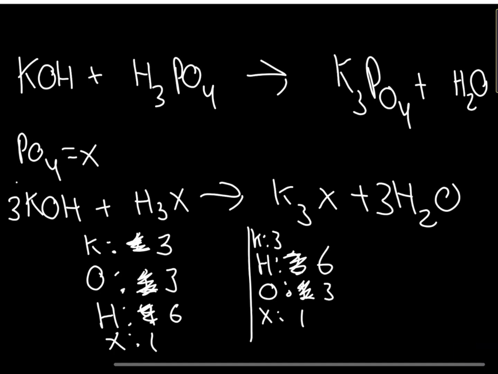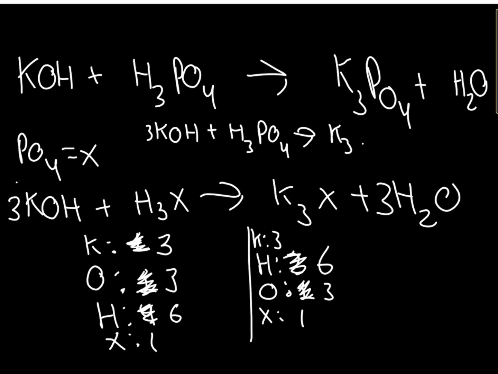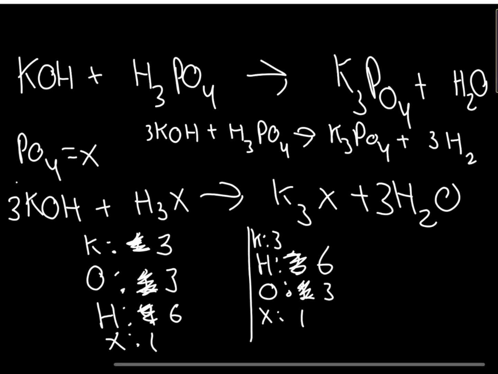This is now balanced. So our final equation, if we were to write it with the polyatomic here, is going to be 3KOH plus H3PO4. It's going to produce K3PO4, I forgot the PO4, and then plus 3H2O.